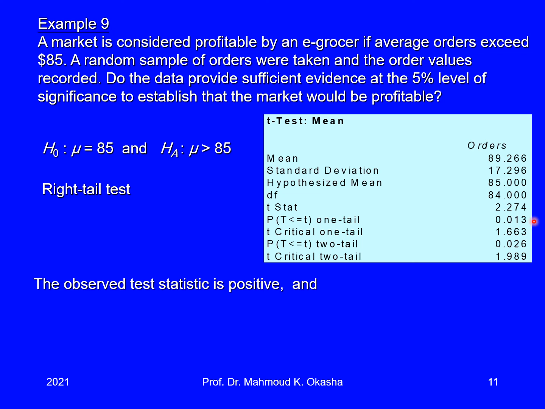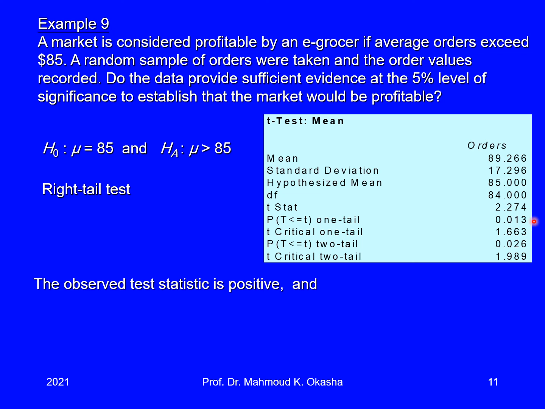The t statistic is 2.274, and the p-value for one tail equals 0.013, which is less than 0.05, less than 5%. The critical t-value for one tail is 1.663, the p-value for two tails is 0.026, and the critical t-value is 1.989.